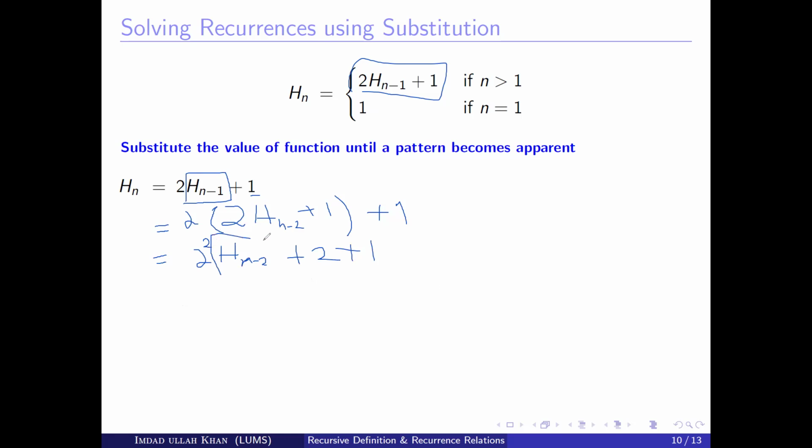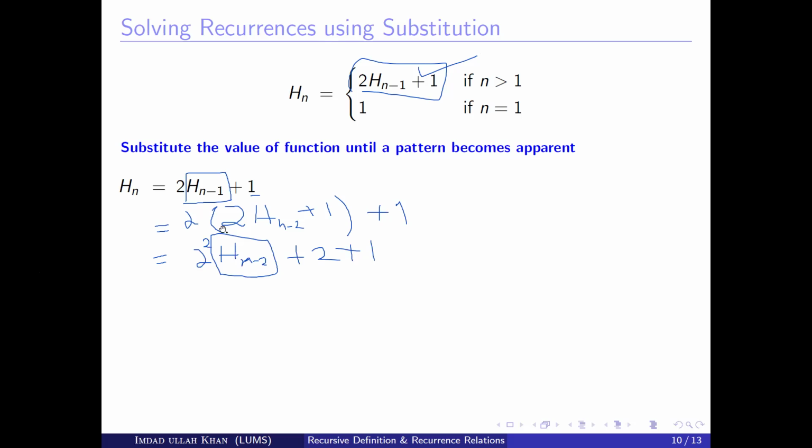If you have successfully grasped the substitution till this moment, you need to do the same thing for hn minus 2. The rest of the stuff will remain the same. You just need to bring in the possible substitution for hn minus 2 using the given recurrence, and that will be in terms of hn minus 3. Pause the video here for a while, try to do it on your own, expand it.